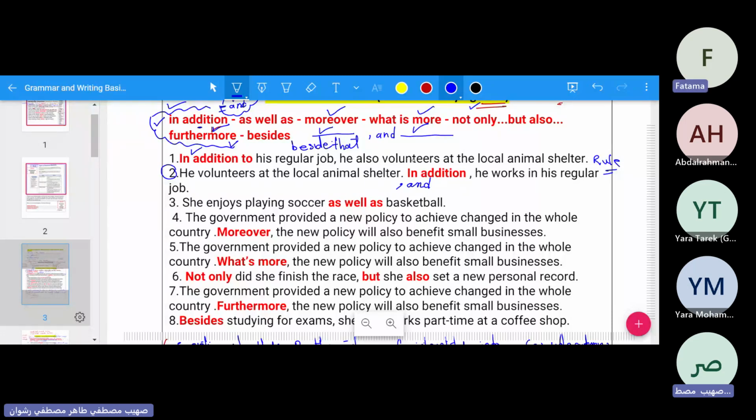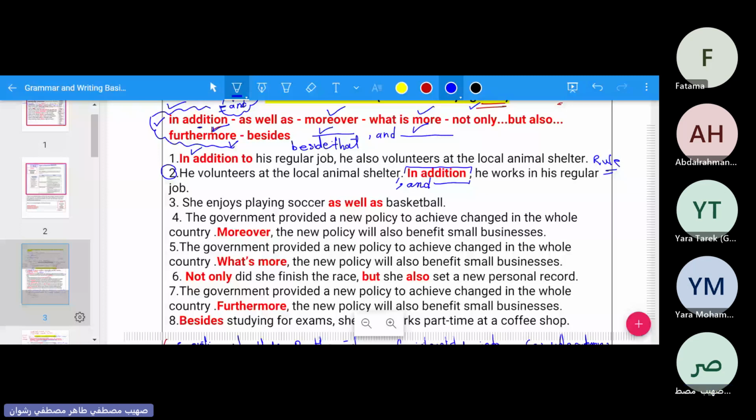So don't use "and" when you write, but use what? Use "in addition" instead. And "and" can be used in letters or blogs, because this is a kind of informal writing, while in articles, reviews, summaries, reports, you must use these strong conjunctions.